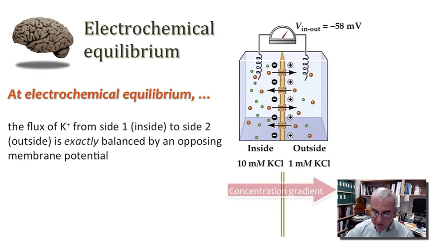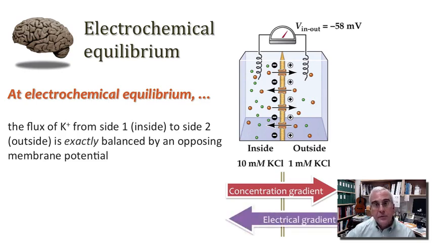So in conceptual terms, we have a concentration gradient because we chose to put on one side of this membrane a 10-fold more concentrated solution of potassium chloride. But once that was done, potassium diffused across this semi-permeable membrane to the point where an electrical gradient was established that's equal and opposite in magnitude.